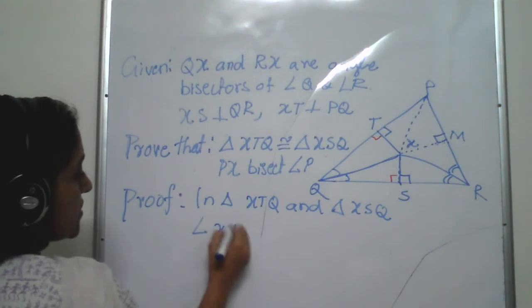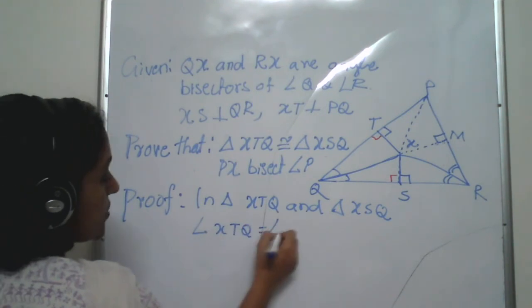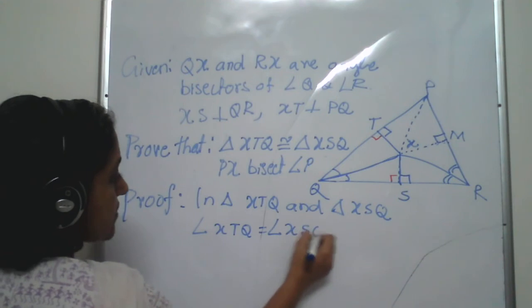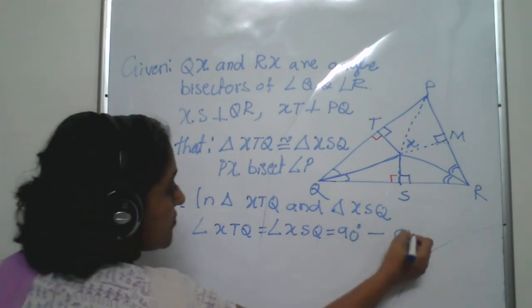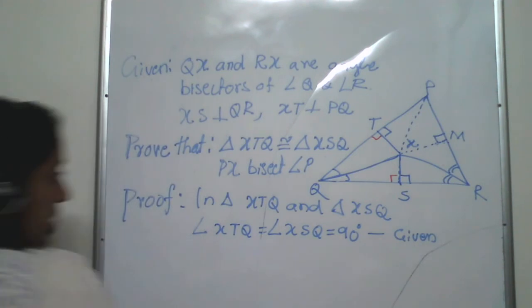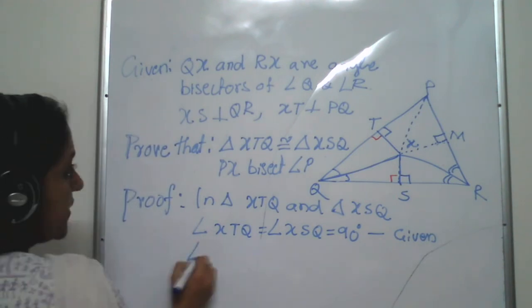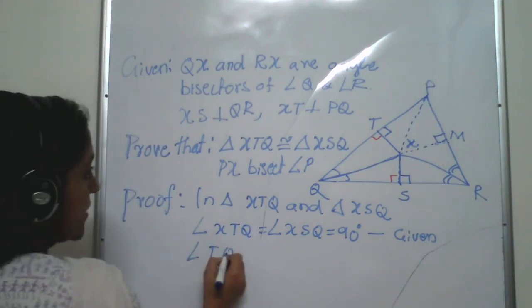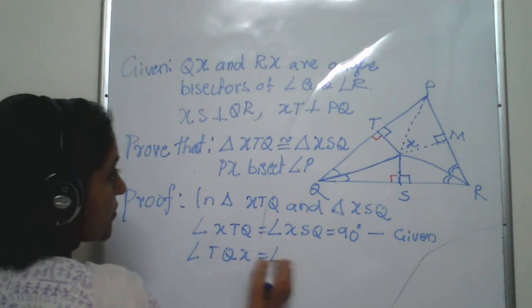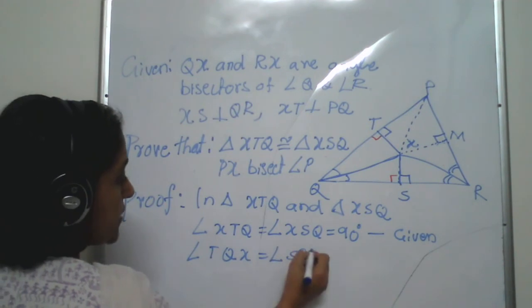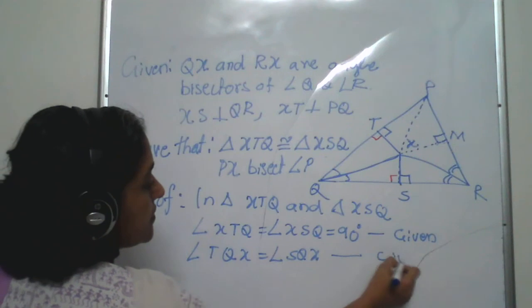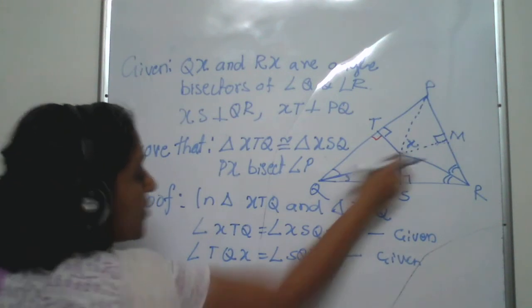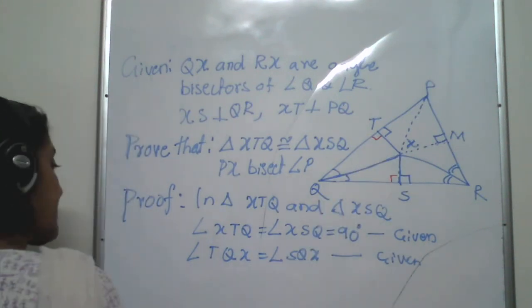Angle XTQ is equal to angle XSQ is equal to 90 degrees, given. And angle TQX is equal to angle SQX, this is also given. Why? Because QX is an angle bisector.